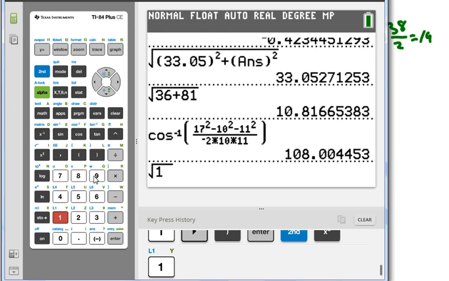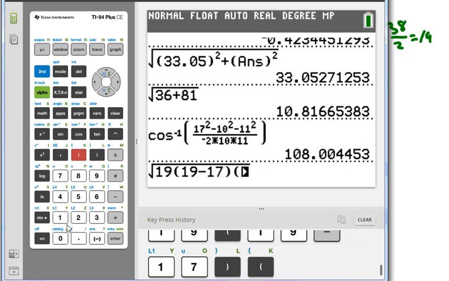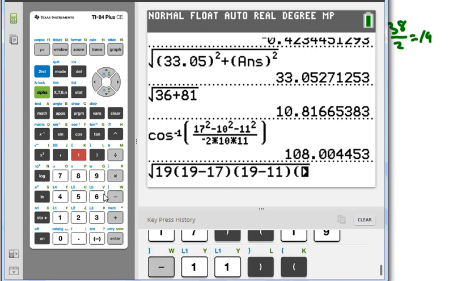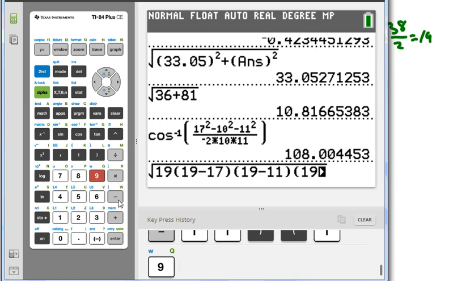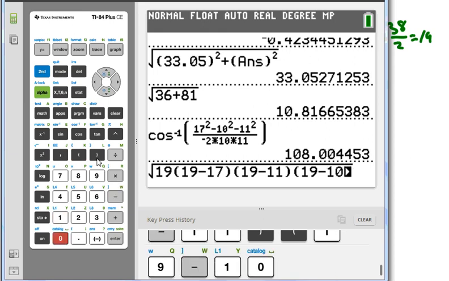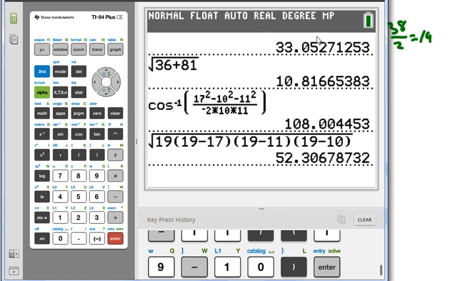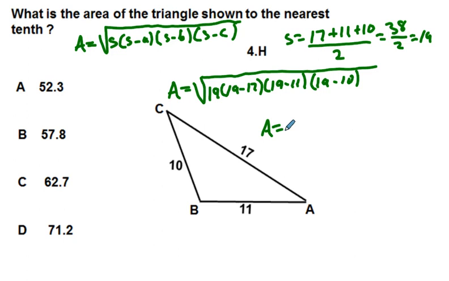We have 19 times 19 minus 17, 19 minus 11, and 19 minus 10, and we should have them all right here. 52.3. And that would be to the nearest tenth. That'd be answer choice A.